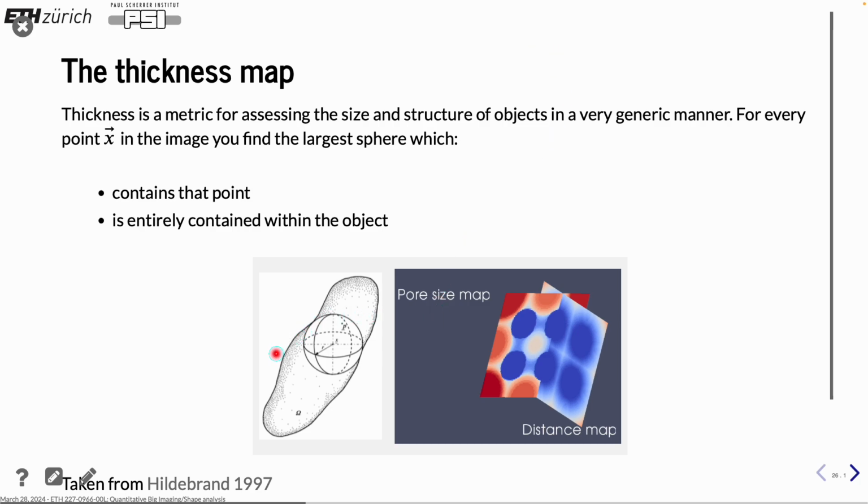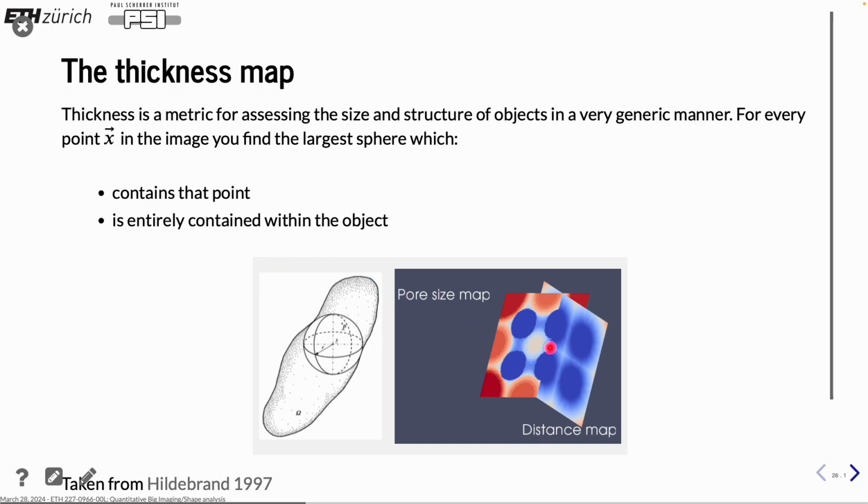So if you have this big blob here, the thickness map tells how large a sphere I can inscribe at this point. That is something that is used a lot in porous media research, and to describe the porosity in the media.